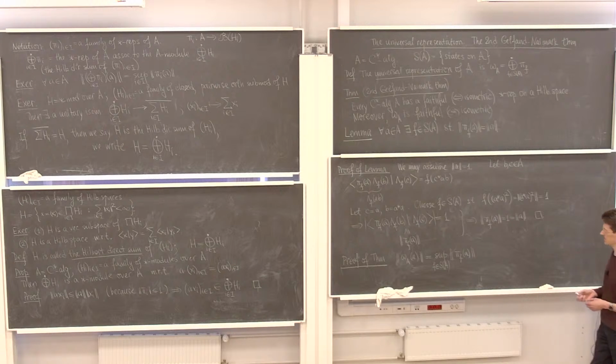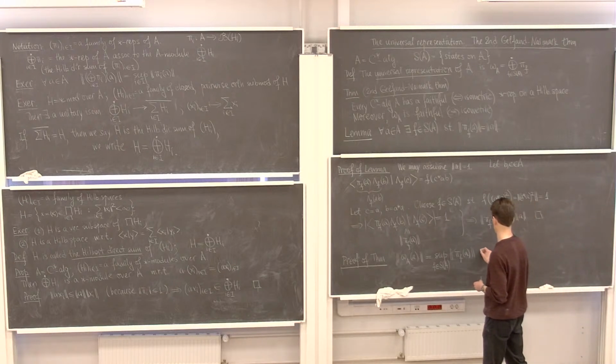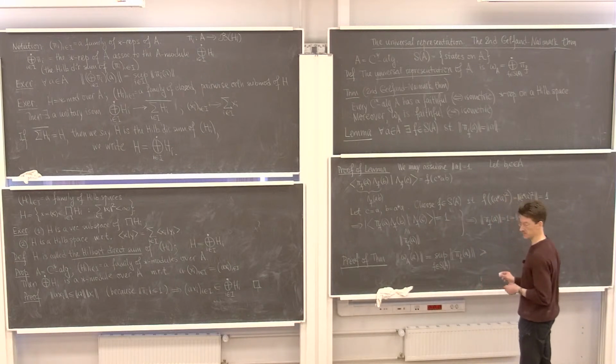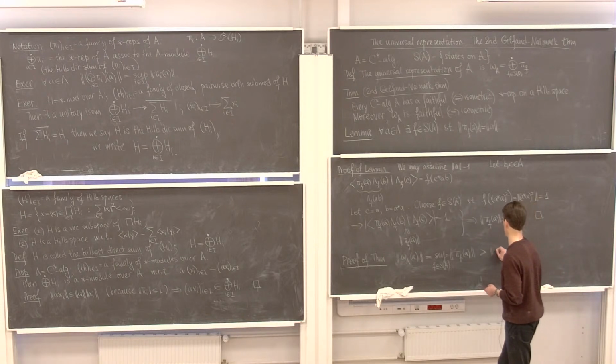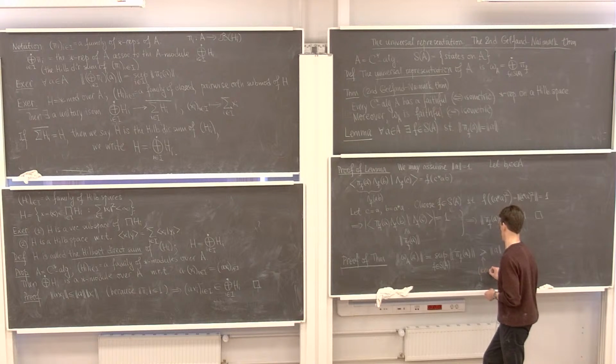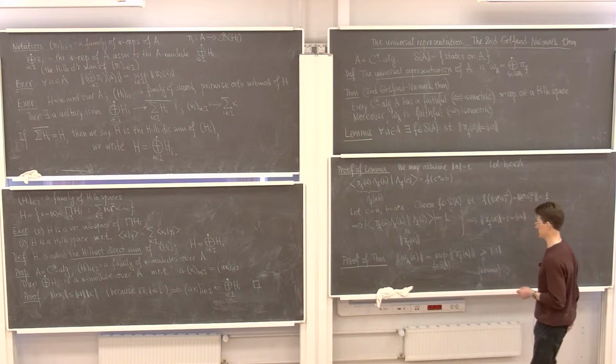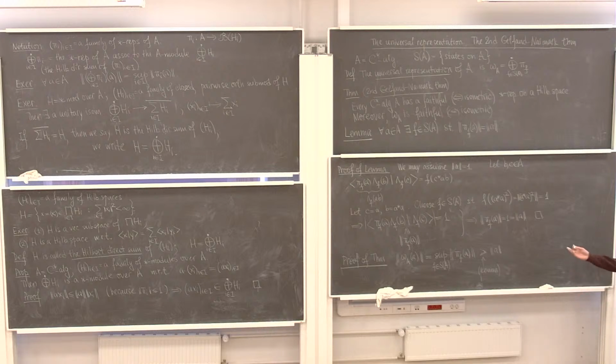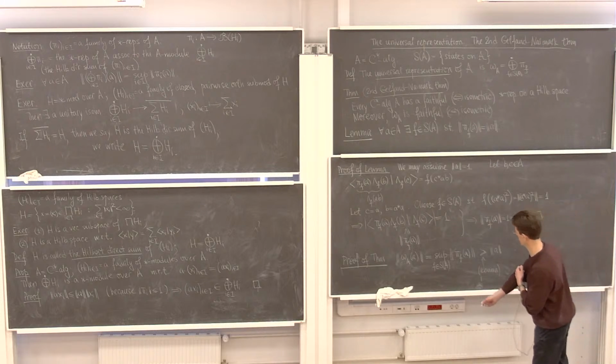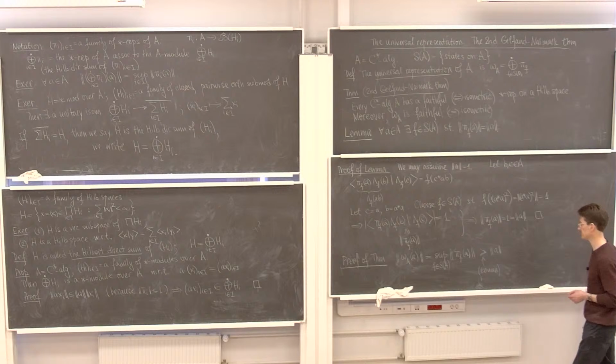But now our lemma implies that this is equal to the norm of A. And so this readily implies that omega is isometric.